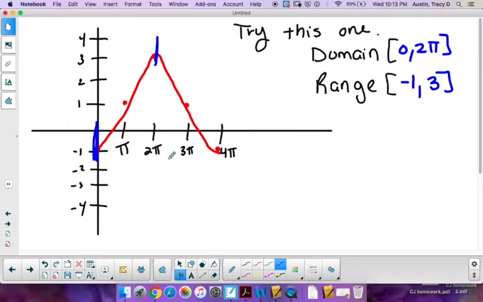Okay, so I'm going to just swap my points. All right, so if this is the point 0, -1, then that becomes the point -1, 0.